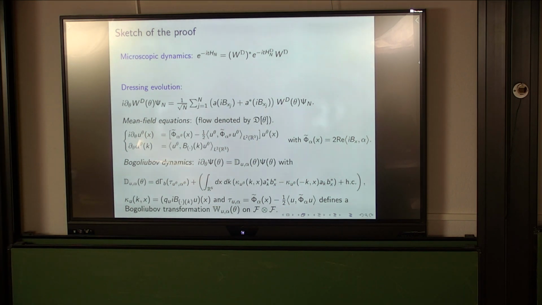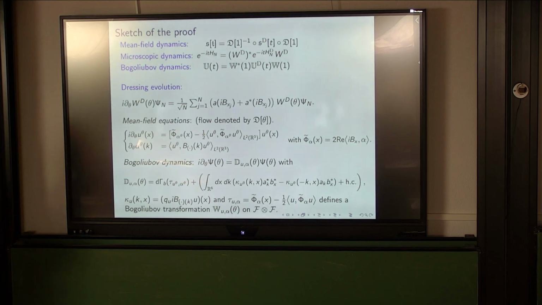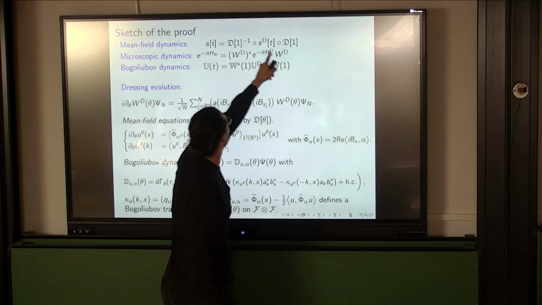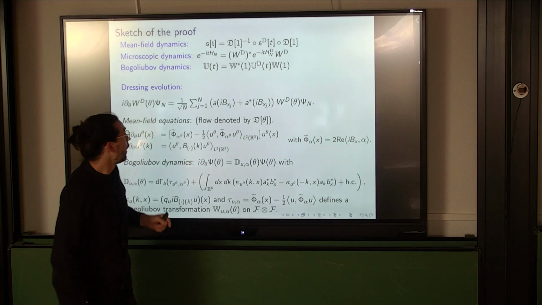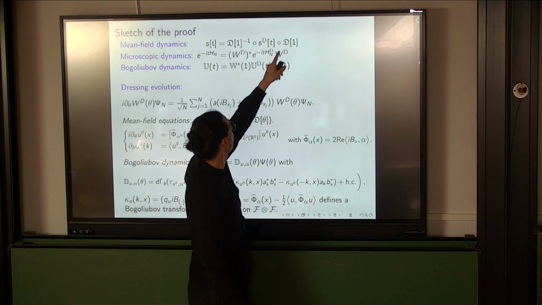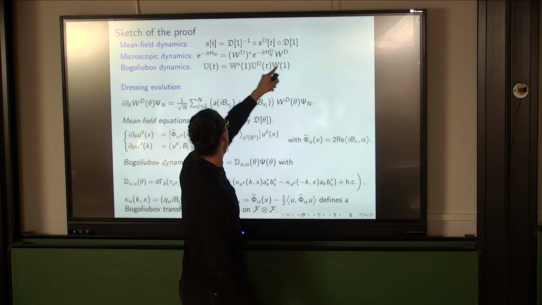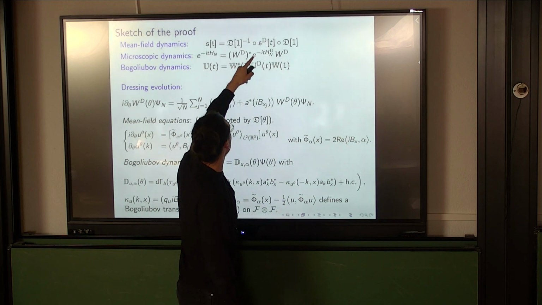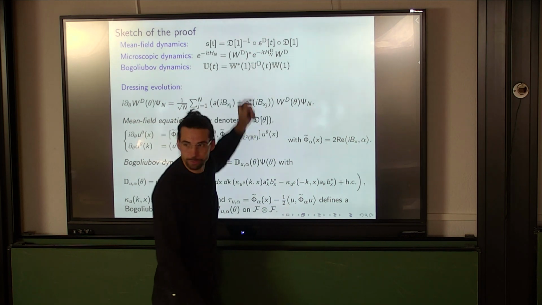So basically what we do is we write the evolution in this way, and then we do a mean field and Bogoliubov approximation of the dressing, and then we also do a mean field and Bogoliubov approximation of the dressed dynamics.